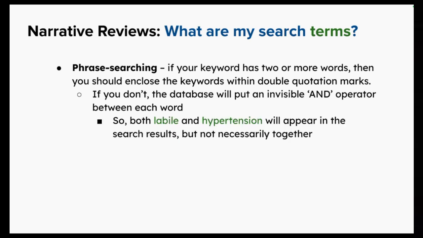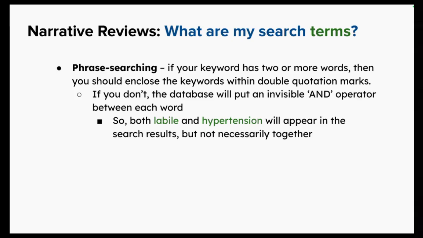I had an example here that was labile hypertension, so hypertension that you can get when you stand up really quickly. If you don't include the double quotations between labile and hypertension, your database is going to think, she's interested in the term labile, and she's also interested in the term hypertension.